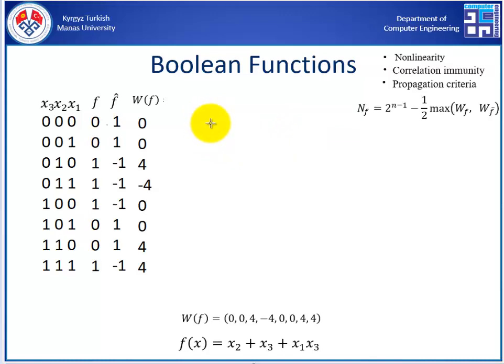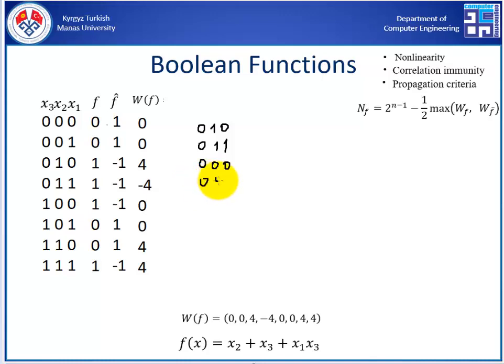If we change x2 in the first input, then the input is going to be 0, 1, 0. The second input is going to be 0, 1, 1. Next is going to be 0. This 1 is changed to 0, and the last bit is unchanged.